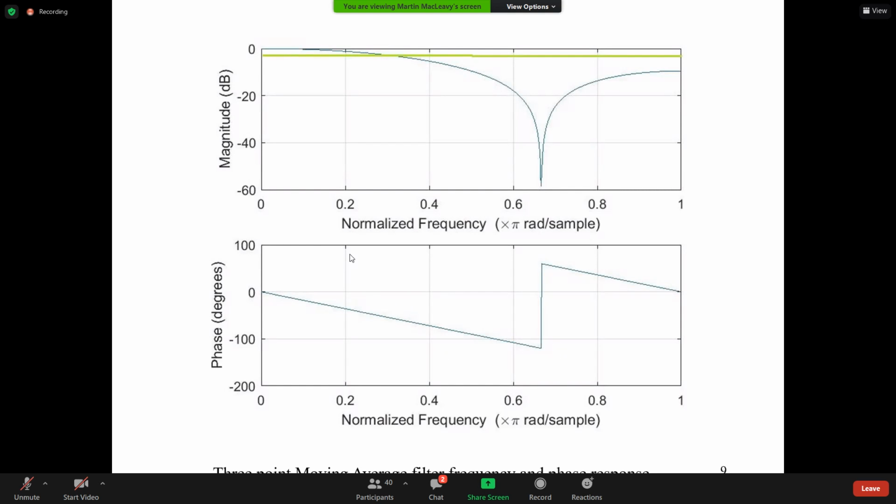At this point here there is what is known as a discontinuity in phase, where it goes over into the other phase angle.